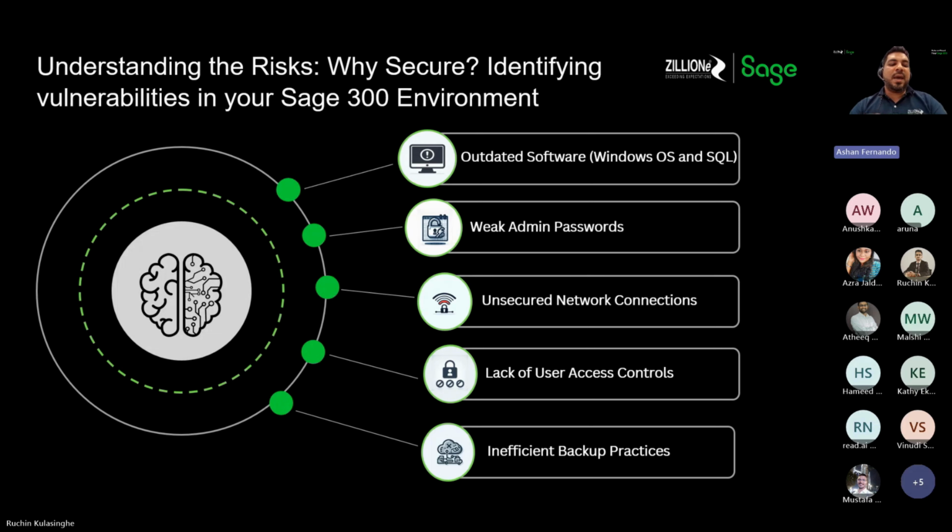So if something happens, you have to recover it. When you recover it, you need backup files. You need to save applications, especially Sage application folder backups, and also database backups, sets of files. Those kinds of things you need to back up.